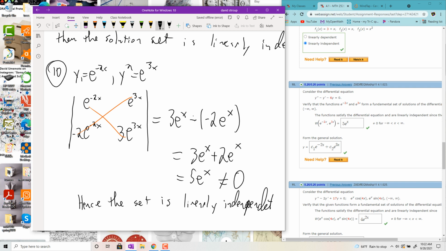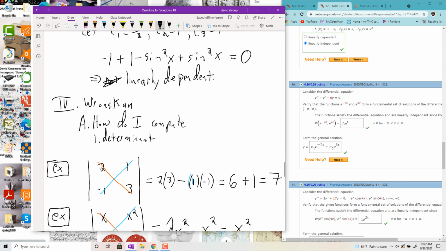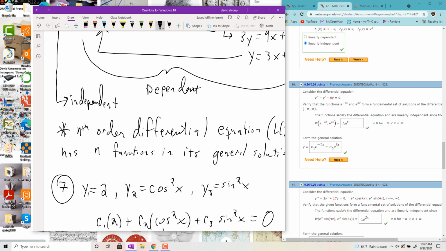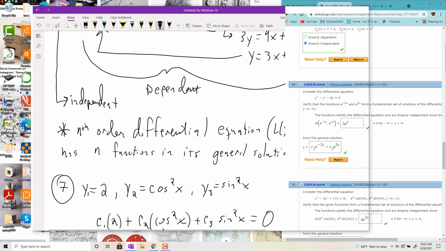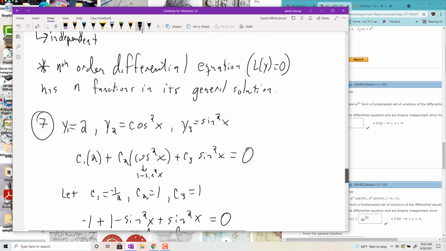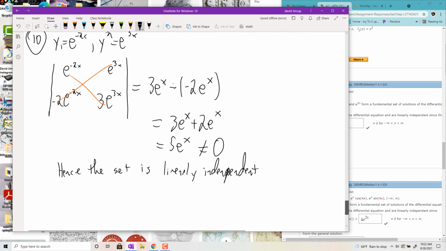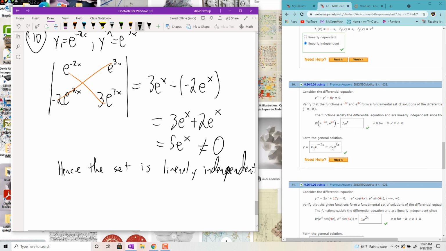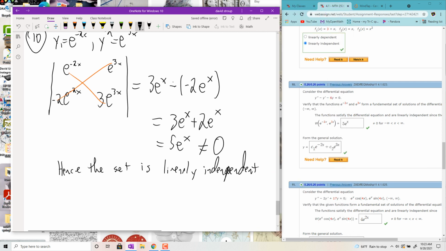And if you look at our differential equation there, it's second order. And then if you remember what I said back here with the star, nth order differential equations have n functions in its general solutions. So we have two functions that are linearly independent. That means we can form the general solution from which all other solutions will emanate.